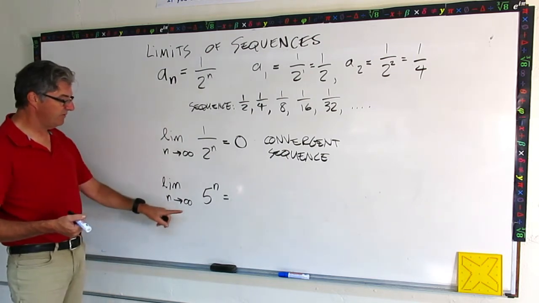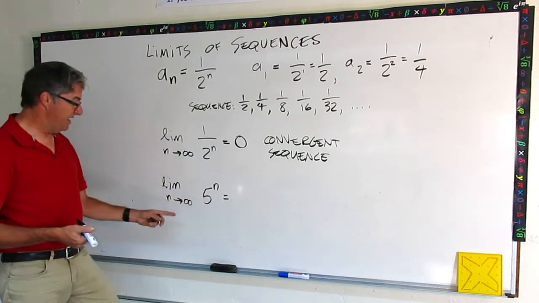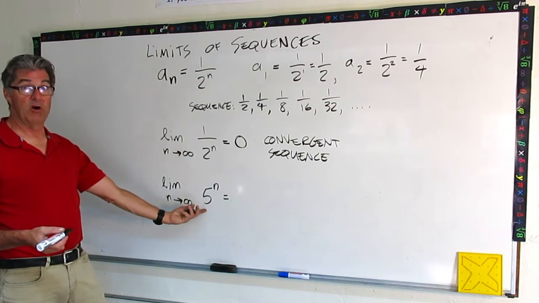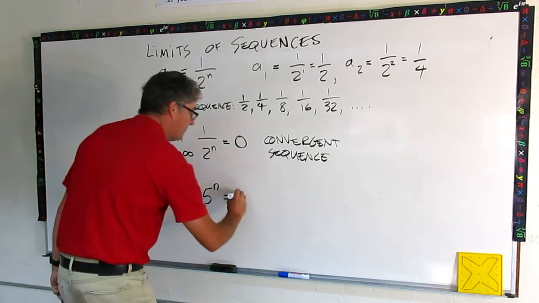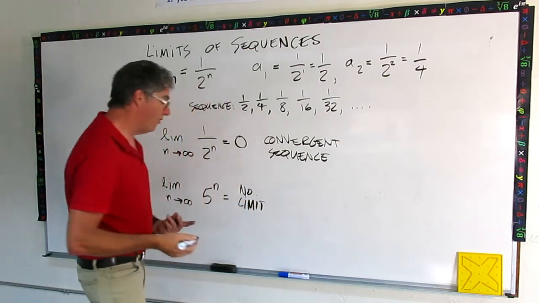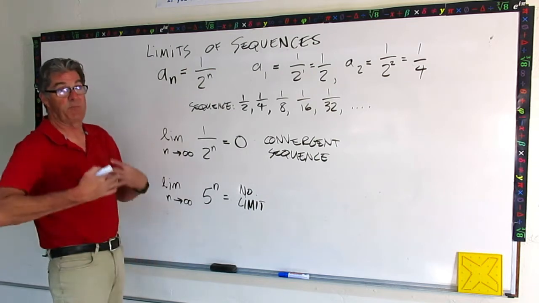Limit as n goes to infinity. Now we don't have a fraction, we just have 5 to the n. As n gets bigger and bigger, this number is just going to keep growing. So this is no limit. Remember before what we talked about, this expression is unbounded. It just gets bigger and bigger.